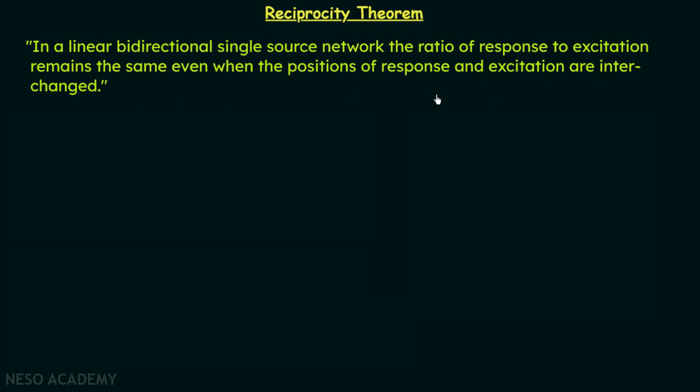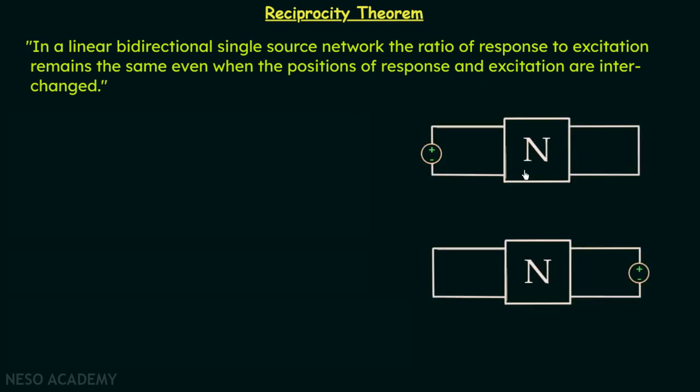To understand this statement, I have taken one network N. This network is a linear bidirectional network, and in this network we have one independent source, and this is the only source present. So this network is a single source network.